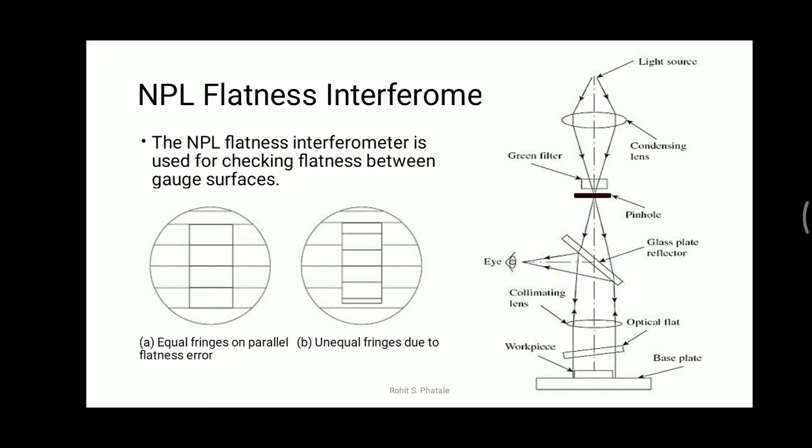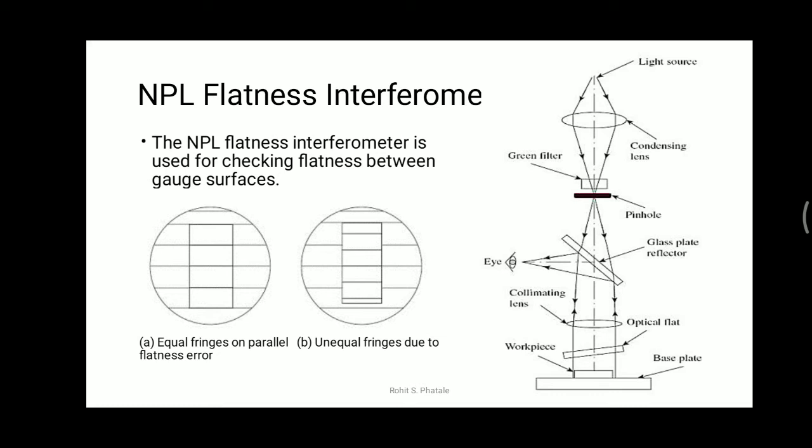From this we can find out if the object is flat, or if the object has a little bit of error or is a little bit curved. So depending upon the fringe patterns we can say if the object is flat, or curved, or if some error is there.